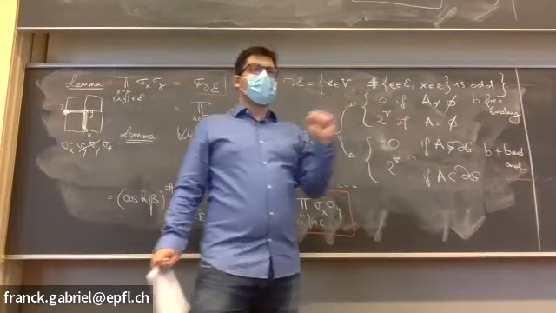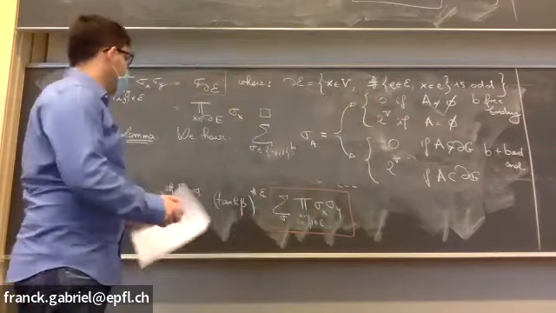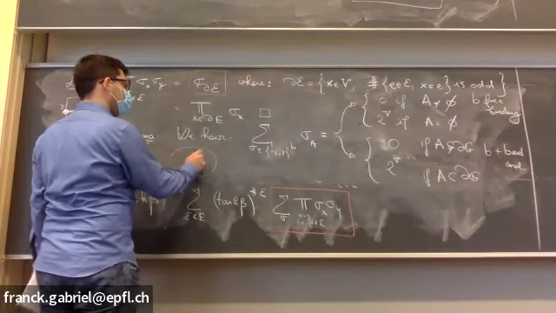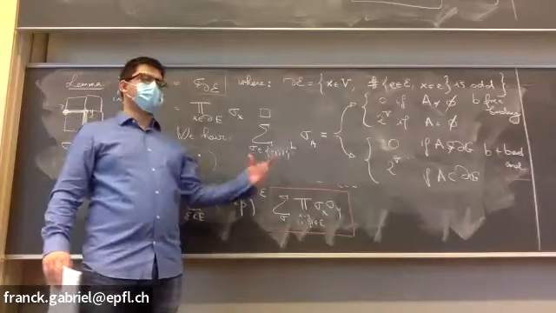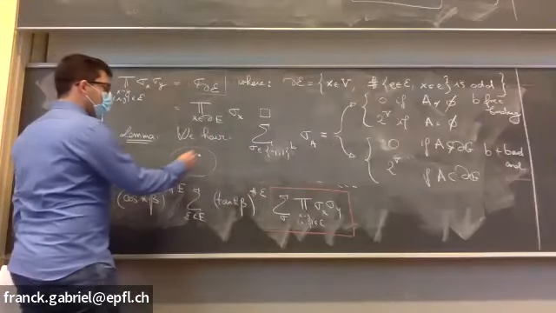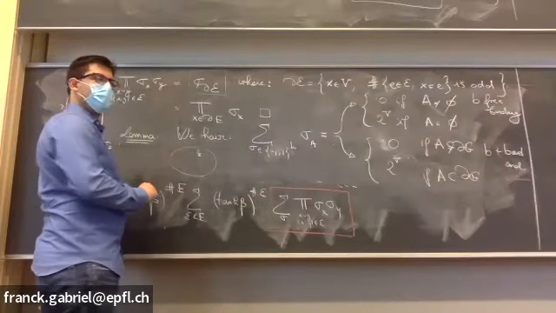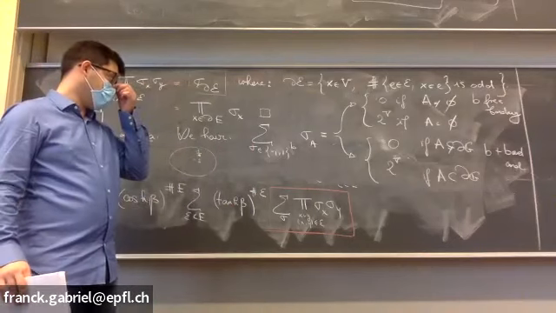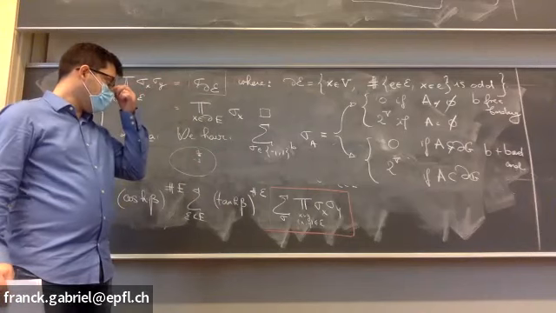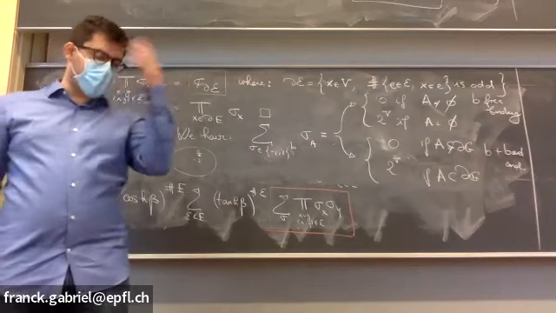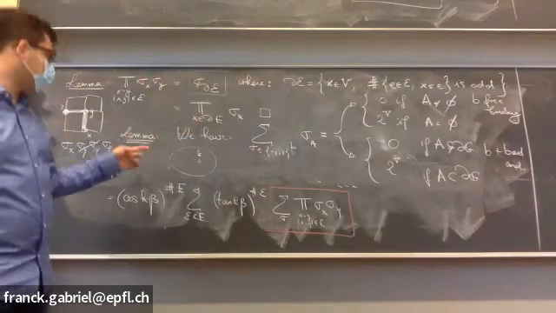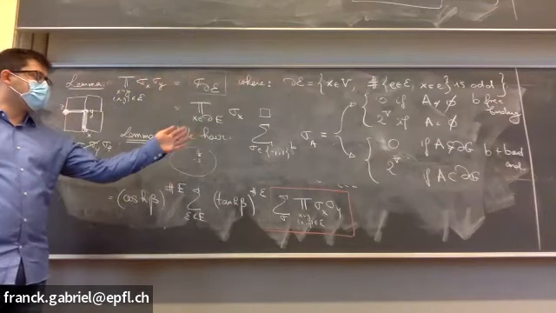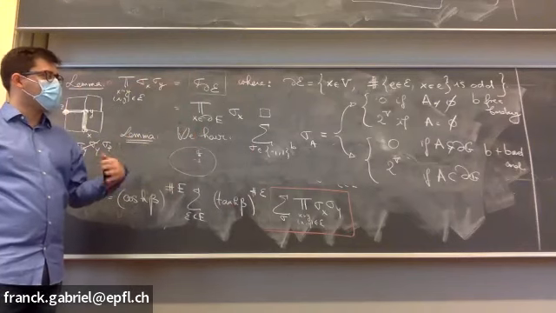Now, if A is not empty, what I can do is I can pick a vertex here, and I split all my configurations into two: the ones where the spin is equal to 1, and the ones where the spin is equal to -1. When I change the spin from 1 to -1, my sigma A is going to take a minus.